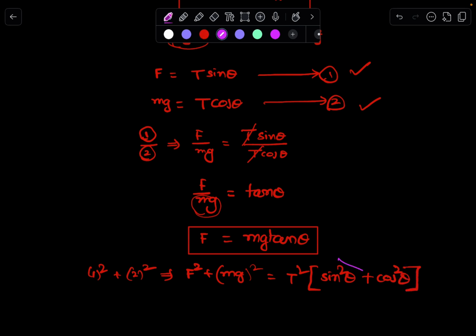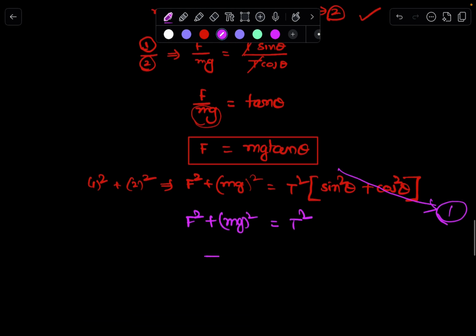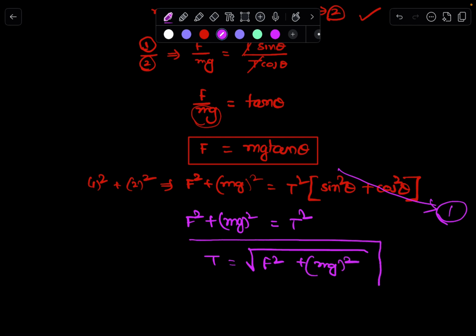We know that sin squared theta plus cos squared theta is 1. Therefore, F squared plus (mg) squared is equal to T squared. From this, T is equal to under root of F squared plus (mg) squared. So this is the expression for tension.